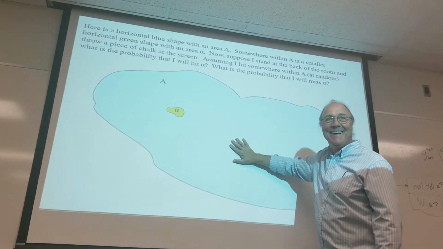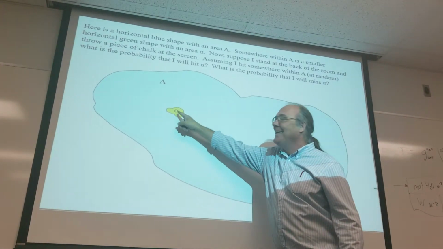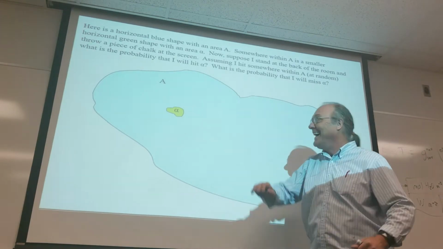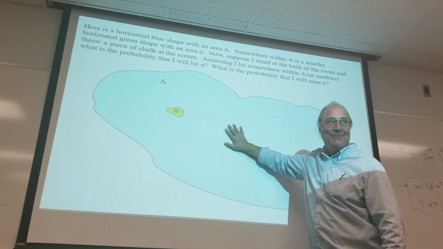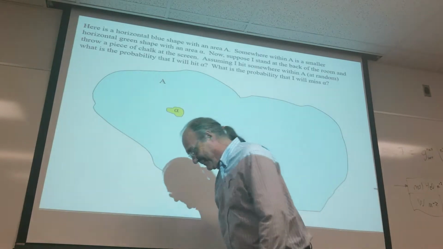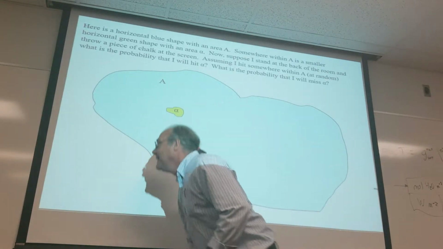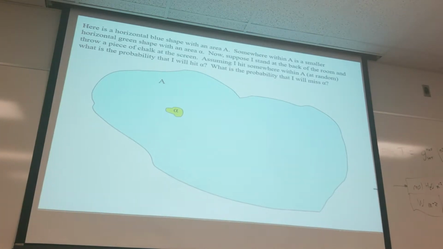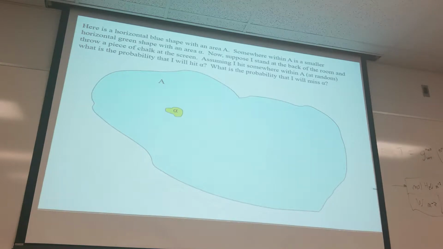But assuming I can hit somewhere in this area A, this blue spot, and believe me, my throws are random, I'm randomly hitting this blue spot. What's the probability I hit that smaller green area, alpha, assuming I hit somewhere in the blue area?